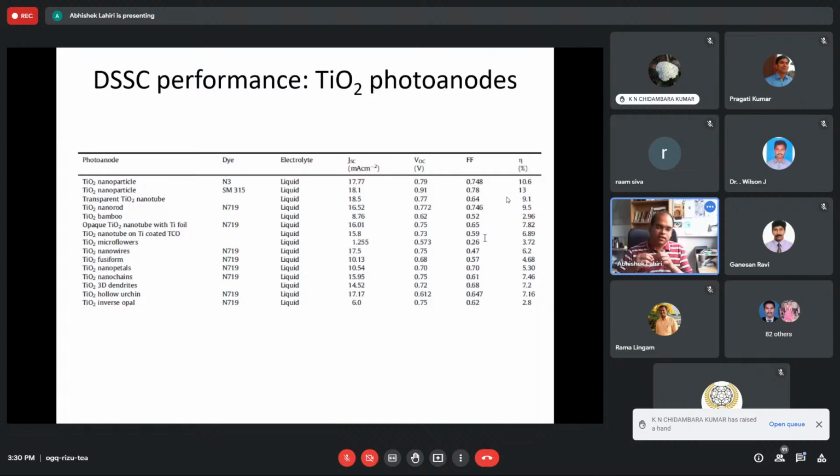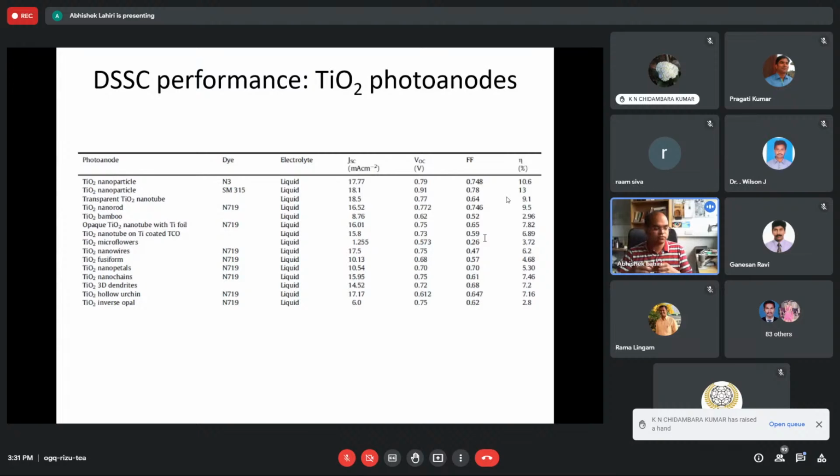So how do you improve your dye-sensitized solar cell? The only way you can improve it is by improving the charge transfer process between the organic dye and the titanium dioxide nanoparticles. One has to look into the recombination process, and how you would improve it.